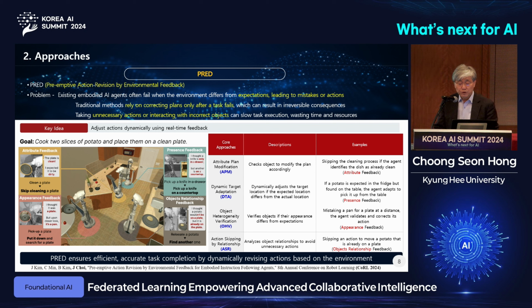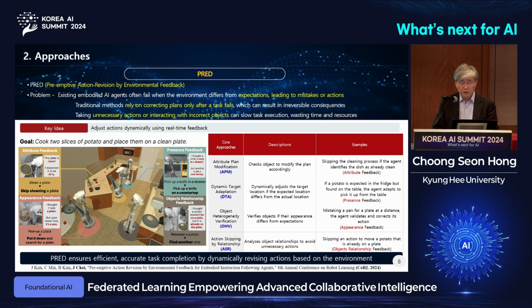Now let me introduce PRED, which stands for Pre-emptive Action Revision by Environmental Feedback. There are three main problems with current embodied AI. It makes mistakes or takes wrong actions when the environment does not match expectations.